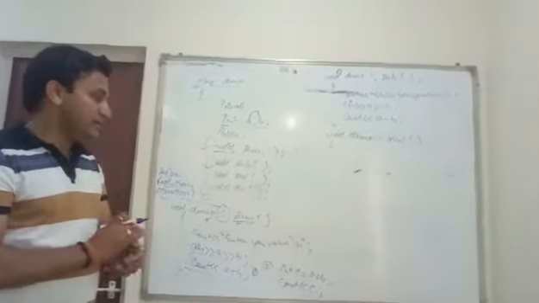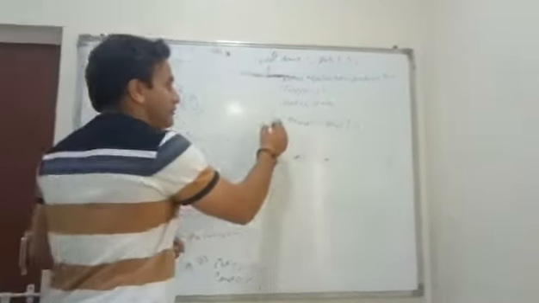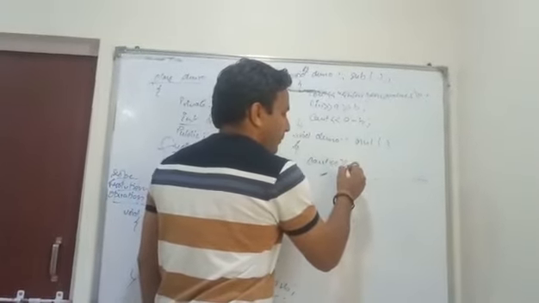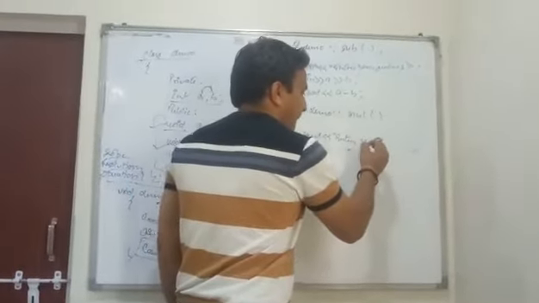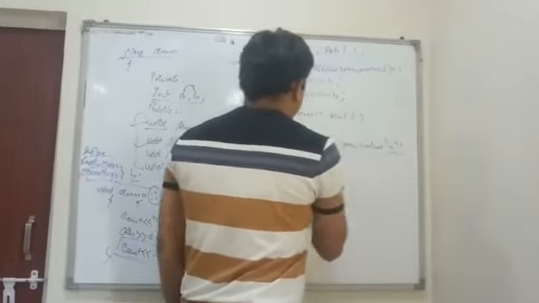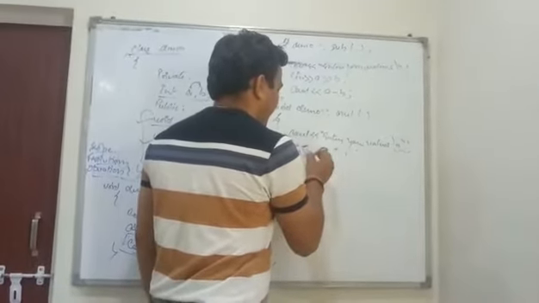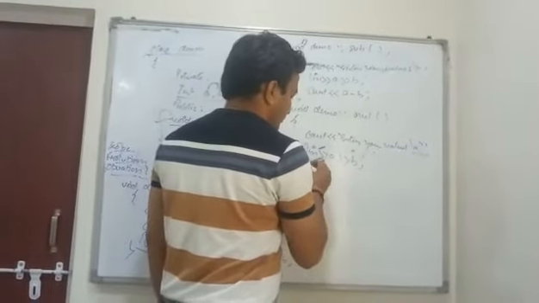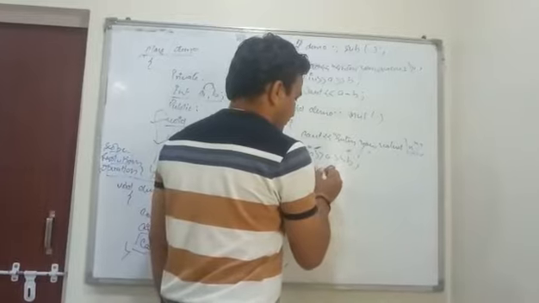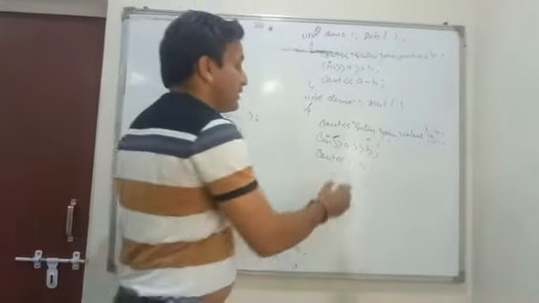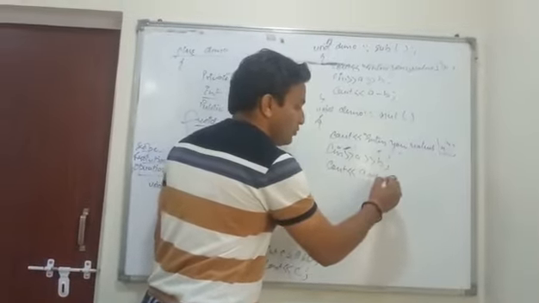We have inputted both the values in the multiplication case, cout << a * b.